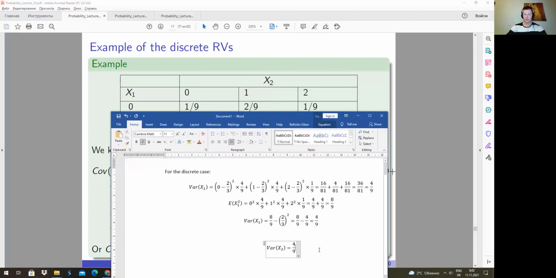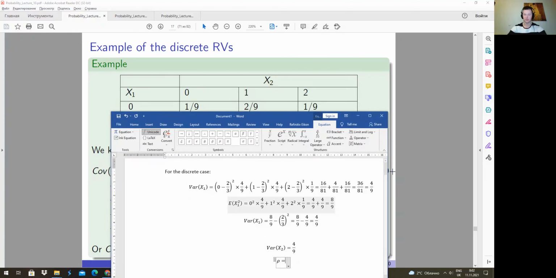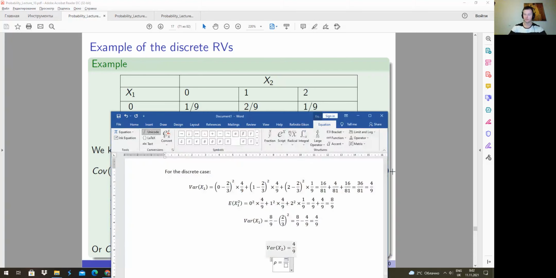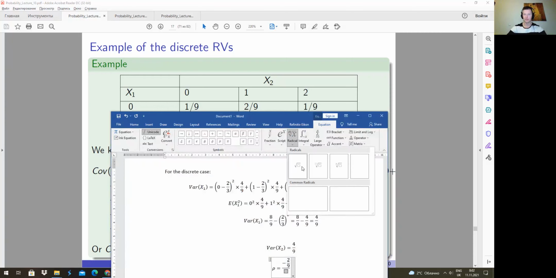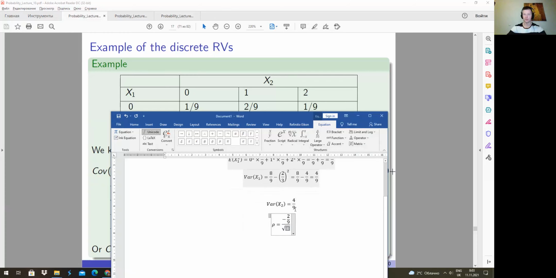So what is the correlation coefficient for these two variables? So rho, the correlation coefficient, is the fraction of covariance, and covariance is this, minus 2 over 9, divided by the square root of the product of two variances.